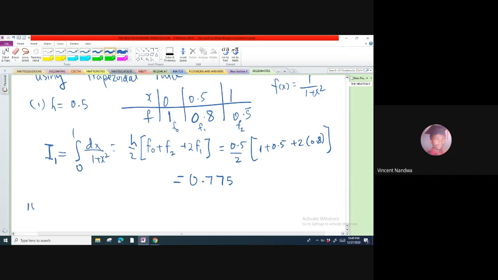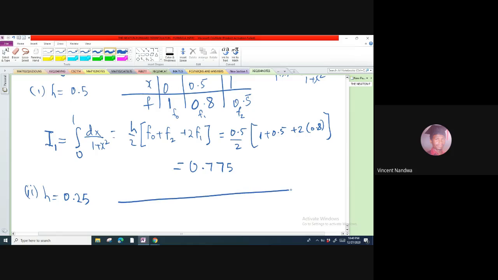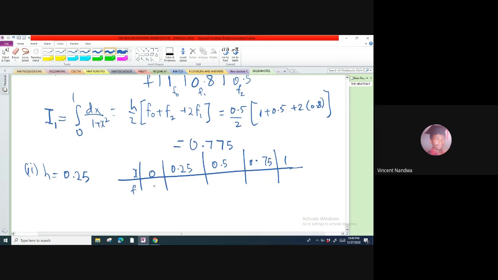And then number 2, h equals 0.25. So we make that table. We have x values 0, 0.25, 0.5, 0.75, and then 1. The values here are 1, 0.9412, 0.8, 0.64, 0.5.